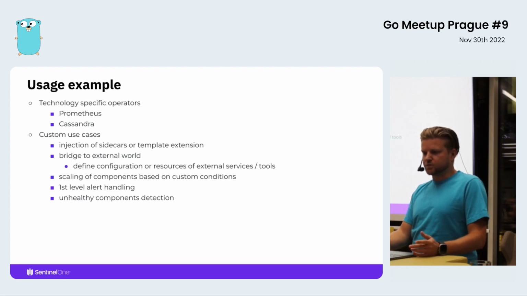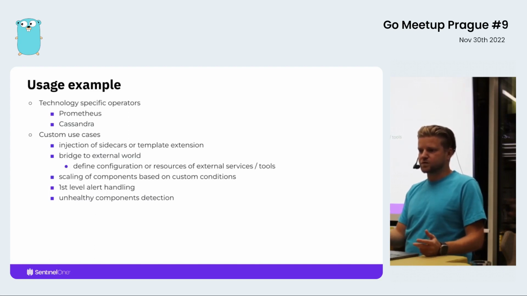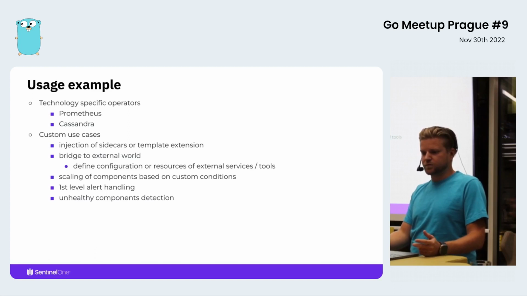It's also possible to do autoscaling. There are already some autoscalers, but if you need more complex conditions, you can write an operator which will watch metrics and cluster state and decide, based on more complex things than just some value, whether the component should be scaled up or down. It could be used for handling alerts. For example, if there is not enough space, you can look at the history of disk usage and then decide whether to increase it or not.